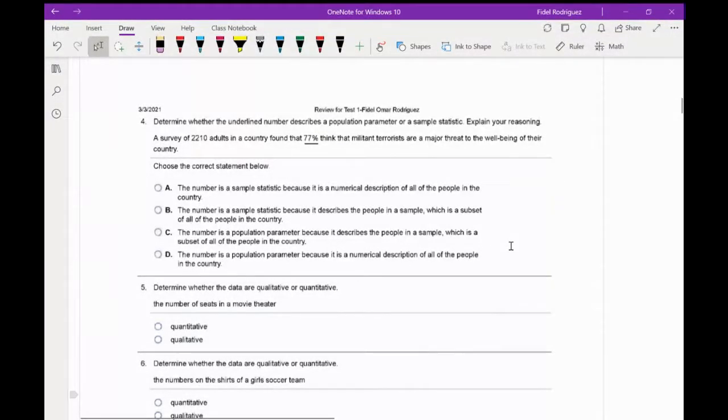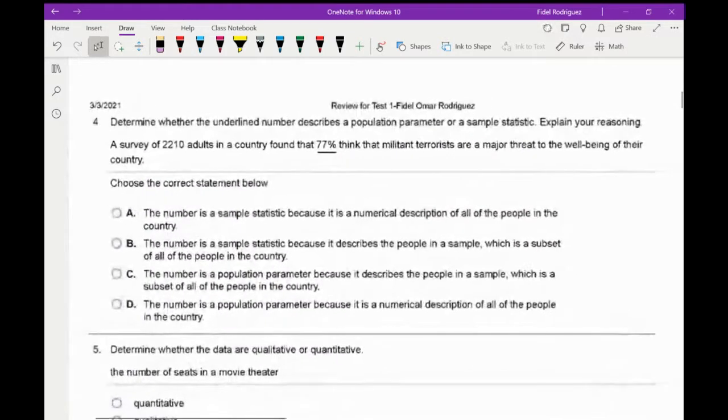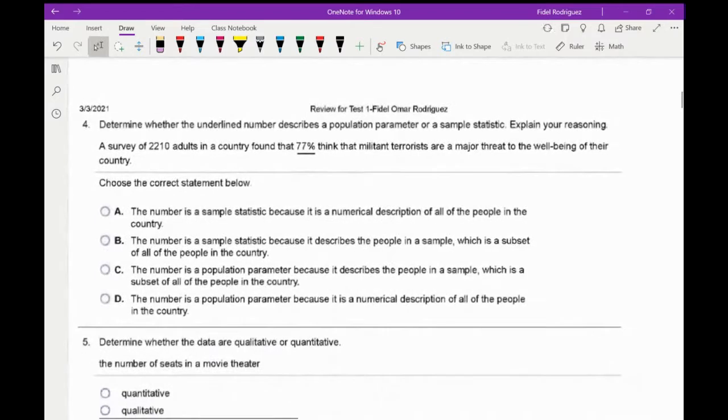Number 4 says, determine whether the underlined number represents a population parameter or a sample statistic. And number 4, so let me zoom in on number 4, says a survey of 2,210 adults in a country found that 77% think that militant terrorists are a major threat to the well-being of others in their country.